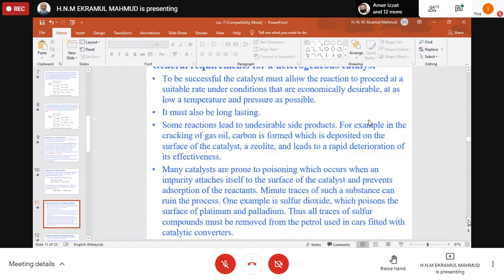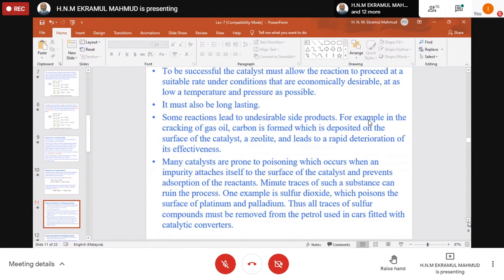So desulfurization occurs, right? We need to ensure that no sulfur is there in the catalyst, because it poisons the catalyst.